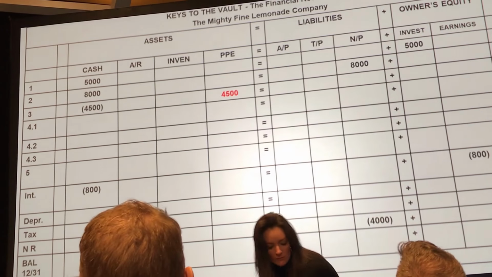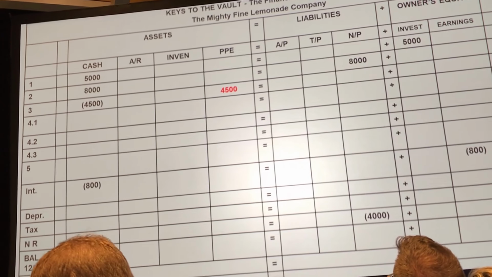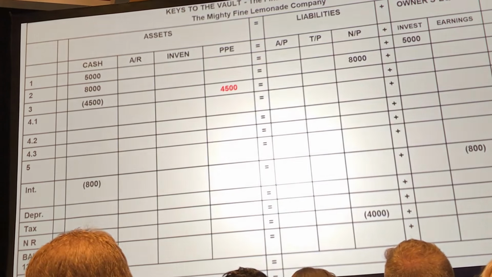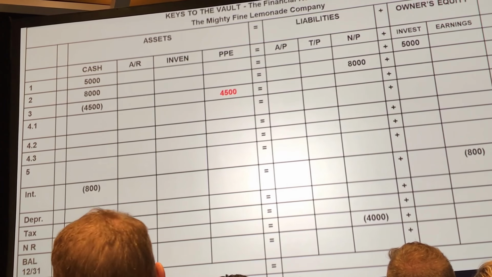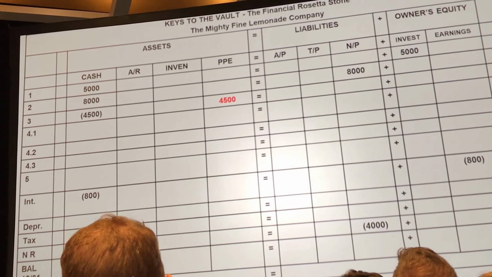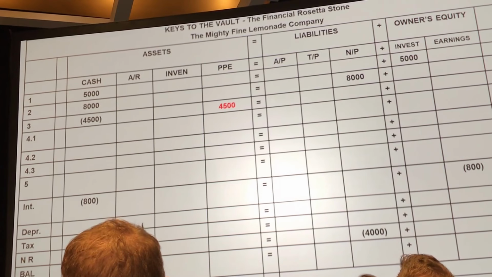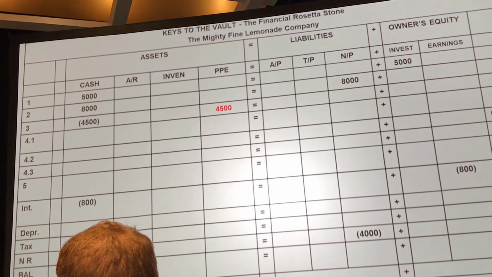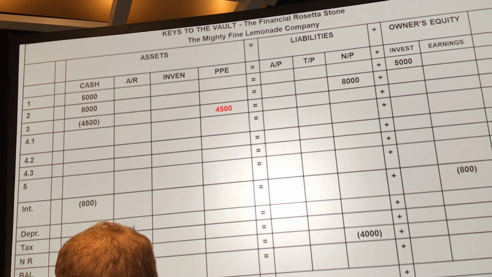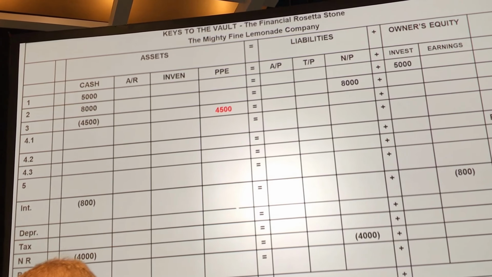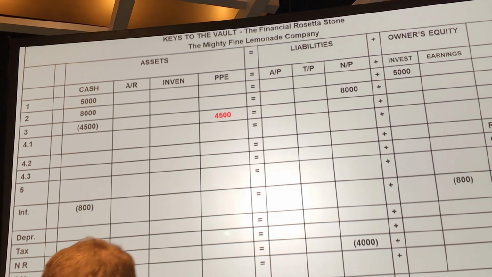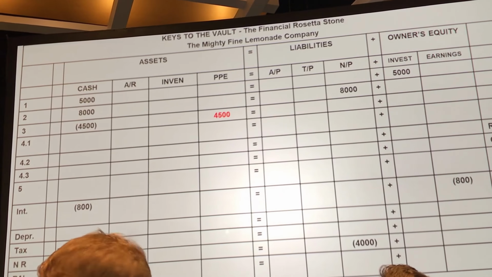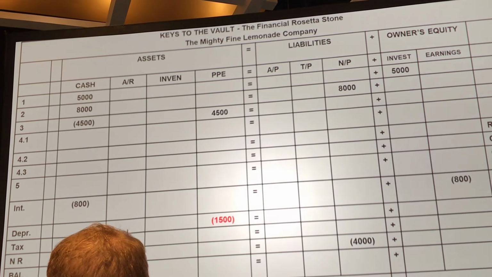Record this transaction. Record the transaction of depreciating property, plant, and equipment by $1,500. Find the property, plant, and equipment column. On the depreciation line, property, plant, and equipment is going to go down by $1,500.